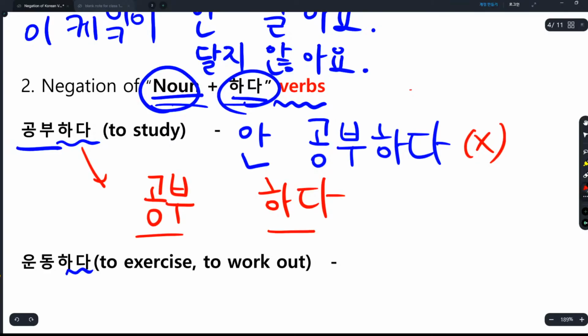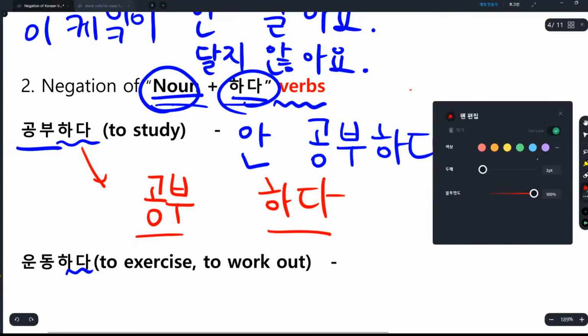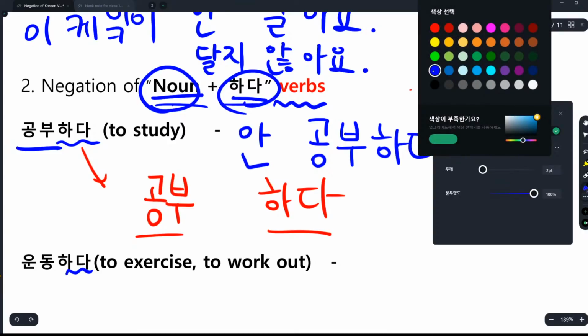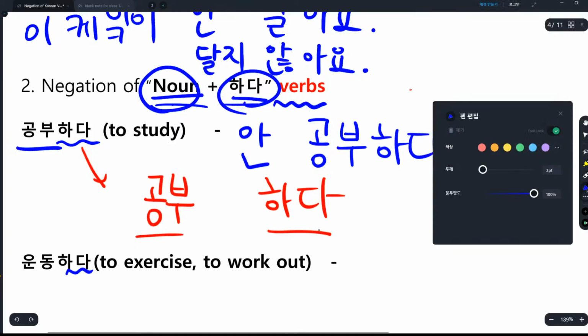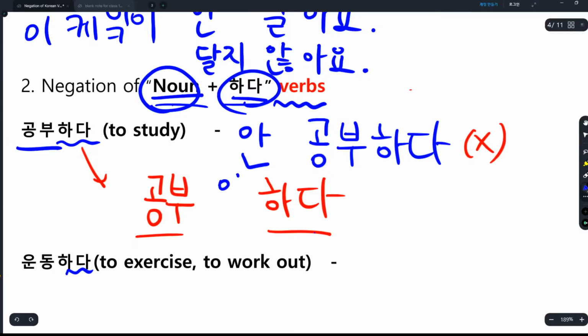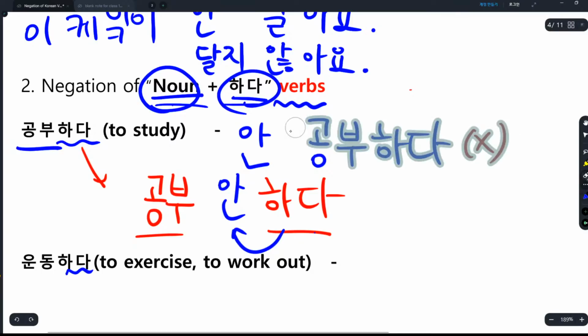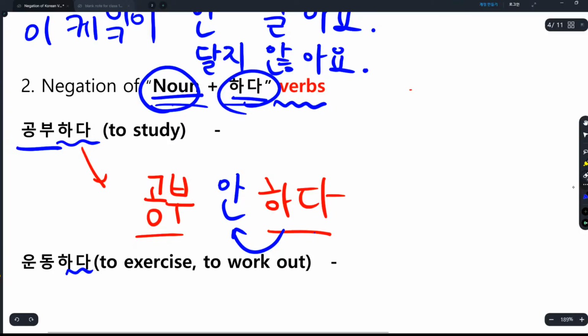What we negate is not the noun, but the verb. So we have to put 안 before 하다, not before 공부, but before 하다. So 공부하다's negation would be 공부 안 하다, not 안 공부하다.